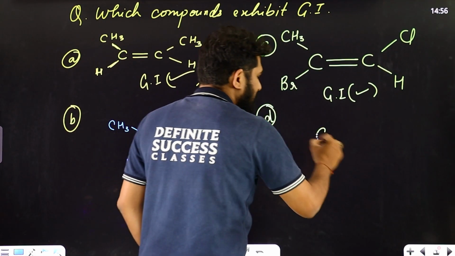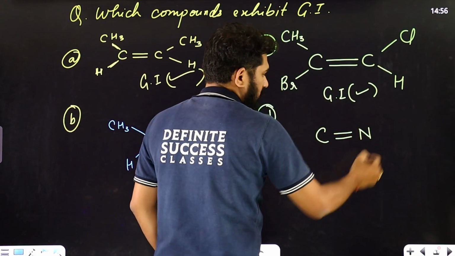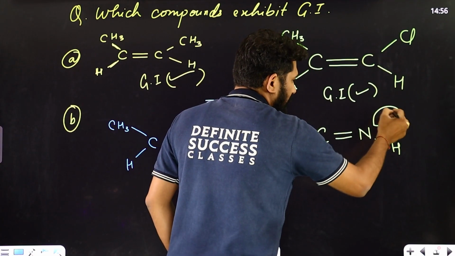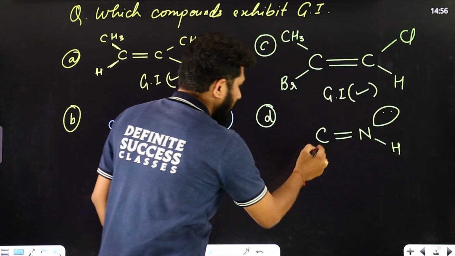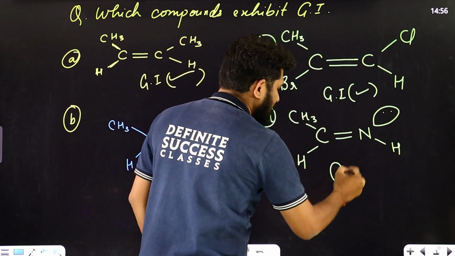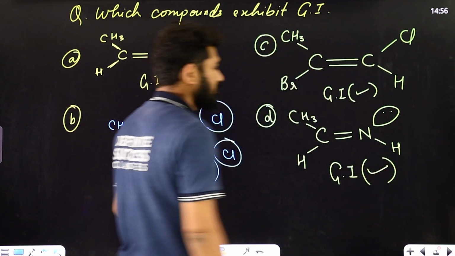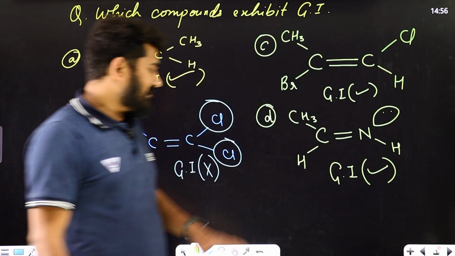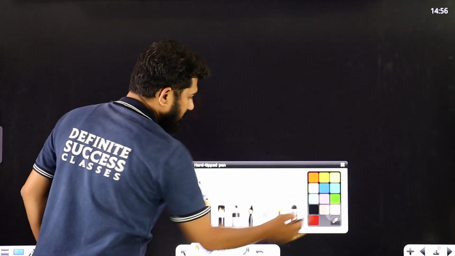If carbon is attached to nitrogen, N would be there, a lone pair would be there, and another H would be there, and CH3 would be there. Will this show geometrical isomerism? Yes, it again shows geometrical isomerism. Some of the cases are a bit controversial and different. You have to talk about them also.